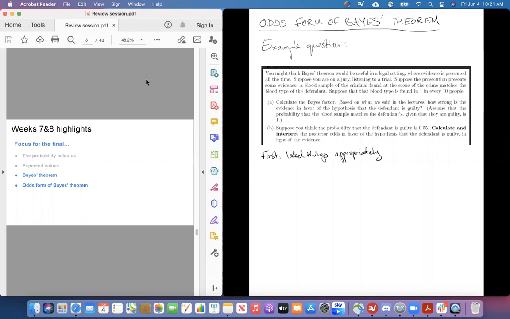Now, the odds form of Bayes' theorem, of course, says this: P of P given Q over P of not P given Q, equals P of Q given P over P of Q given not P, times P of P over P of not P. And what we're talking about here is hypotheses and evidence.